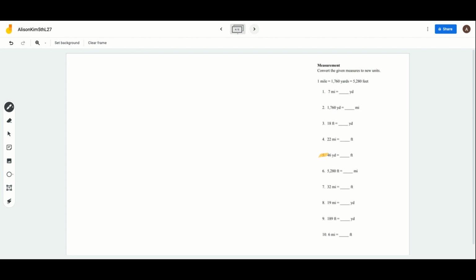Now we're going to do measurements. We're going to do number 5 together, which gives us 46 yards, and we have to turn it to feet. Don't get fooled by this, because this is just saying 5,280 feet equals 1 mile, not that 5,280 feet equals 1 yard. When we do number 5, we have to turn yards to feet, and we know that 1 yard equals 3 feet.